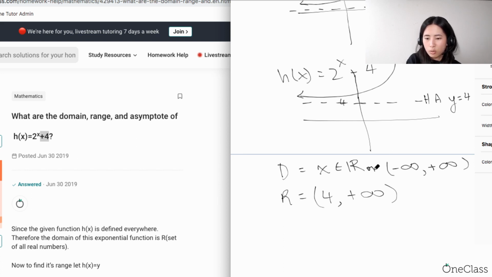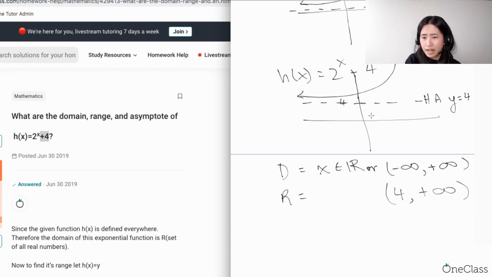This is just an or. And then if you want to state your range in terms of the y value, you would have y greater than 4. And what else? Asymptote. Your asymptote is going to be at y equals 4.